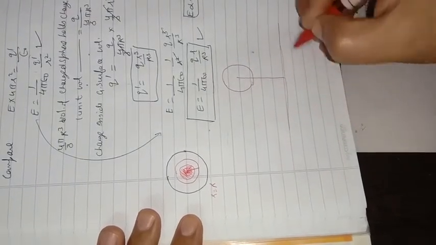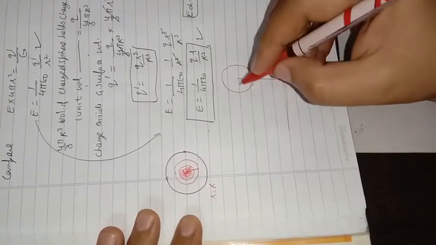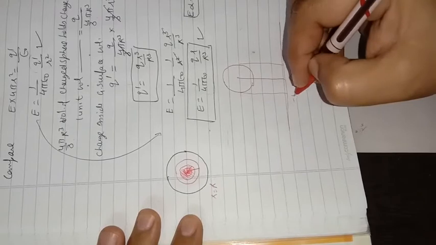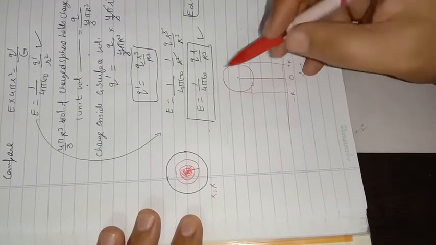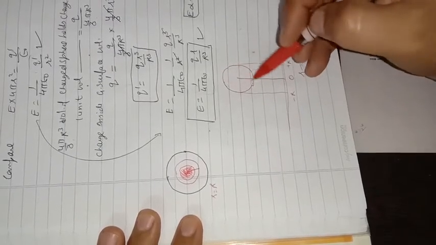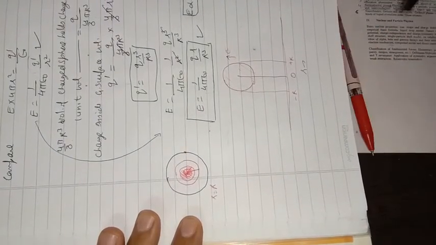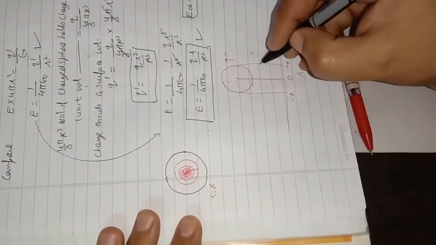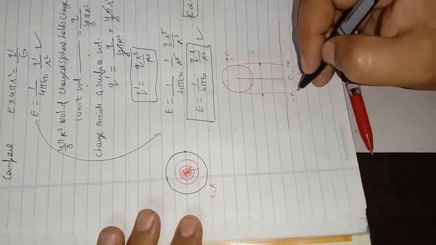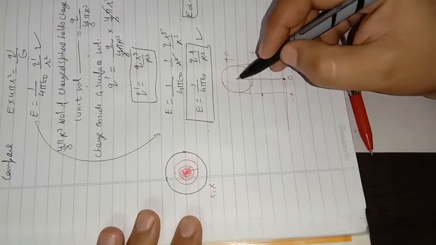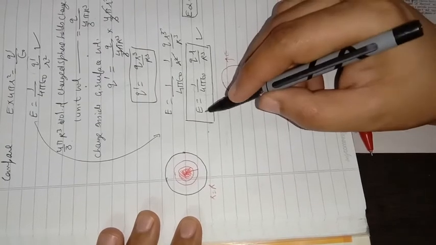So in this case, if we draw the variation of electric field with the distance, the graph will look like this. This is the distance, this is the center of the sphere, this is minus R, this is plus R, because now charge is also present in the interior portion. So in this case field will not be 0. Suppose this is the maximum value of field that we can get. Right from the center, because no charge will be at the center, q will be 0, E will be 0.